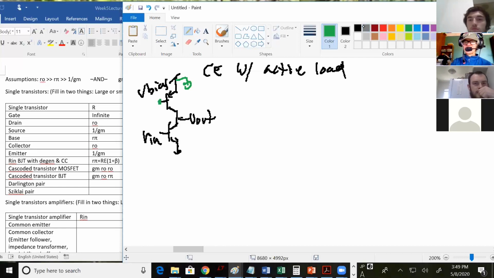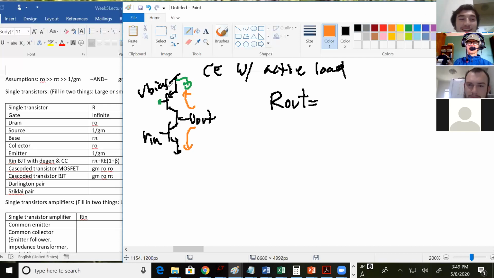Okay, so now let's find R out. So we have two paths to ground. We have one going to the actual ground. And again, in this circuit, if you made that ground and tried to run the circuit, it wouldn't run. It's just because when you do small signal analysis, you ground the DC sources. So on this R out, let's say we go down first. What terminal do I hit?